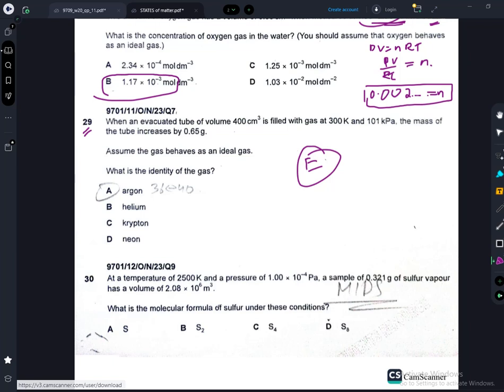So for the Mr calculations, PV is equal to nRT. PV divided by RT is equal to mass over Mr. Let's just cross multiply: mass into RT divided by PV, and you will get the Mr here. Here you can find the molecular formula. So what is mass?